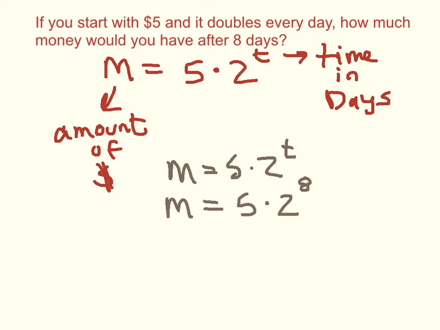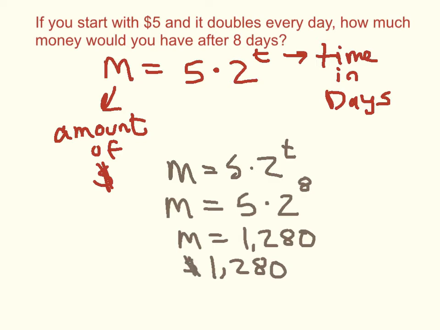If you take 2 and raise it to the 8th power, and then multiply that times 5, you should get 1,280. So that means if you double this $5 every day, you will get 1,280.